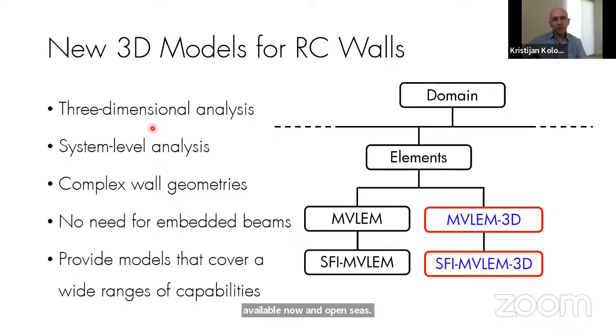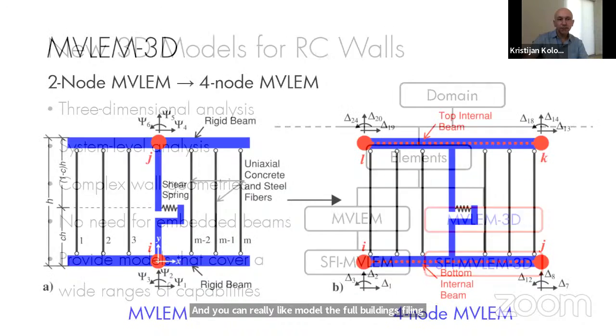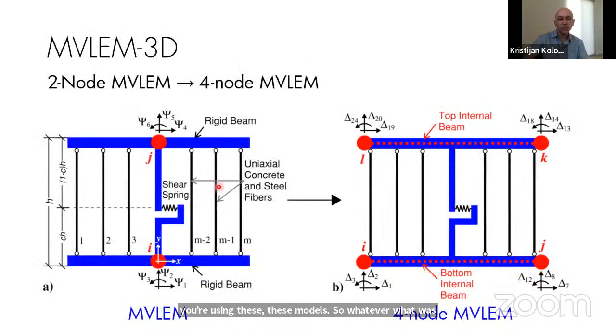Now, as you will see, these models allow three-dimensional analysis. They also allow us to model complex wall geometries. You don't have to have any kind of embedded beams. The beams are already embedded in the formulation of these models, and you can finally model full buildings using these models. So what did this extension really involve?